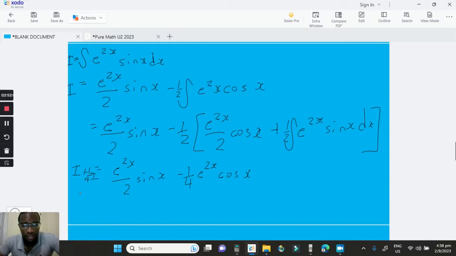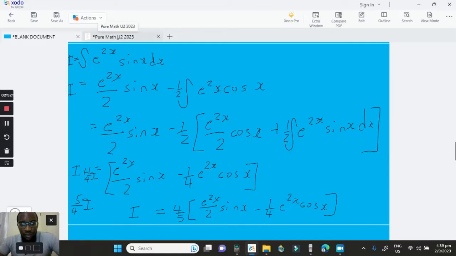And so this is now 5 over 4 I. So if we multiply through by 4 over 5, we'll get I is equal to 4 over 5 times all of this. Right? 4 over 5 times all of that is I. e to the 2x over 2 sine x minus a quarter e to the 2x cos x.